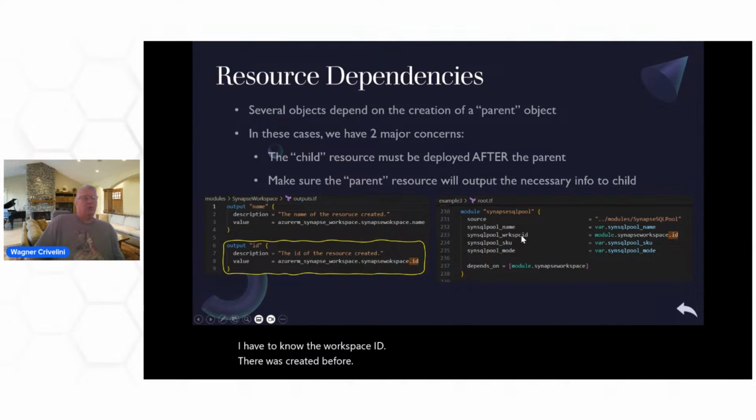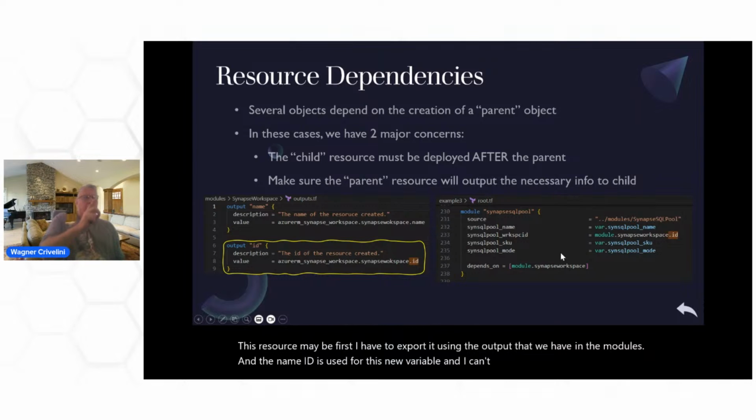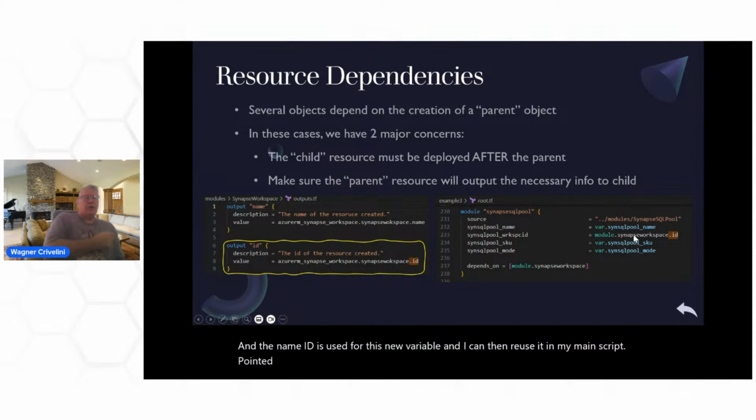So how should I consume this resource ID? First, I have to export it using the output that we have in the modules. And the name ID is used for this new variable. And I can then reuse it in my main script, pointing to module Synapse workspace, and bring the output ID. So it's working fine. Awesome.